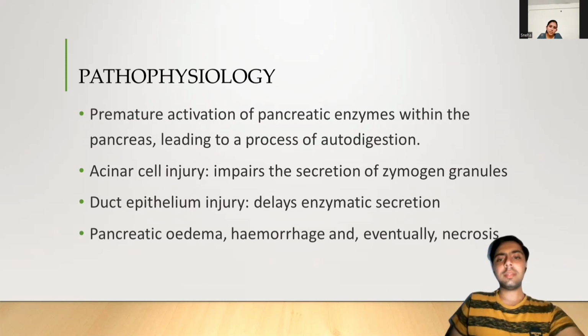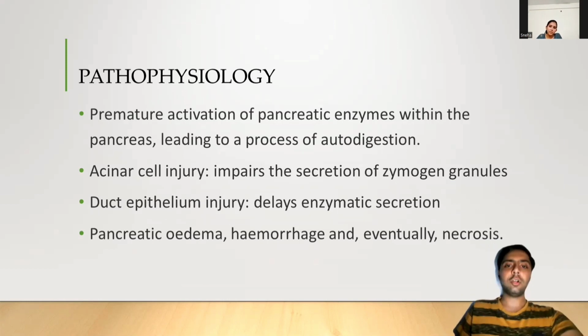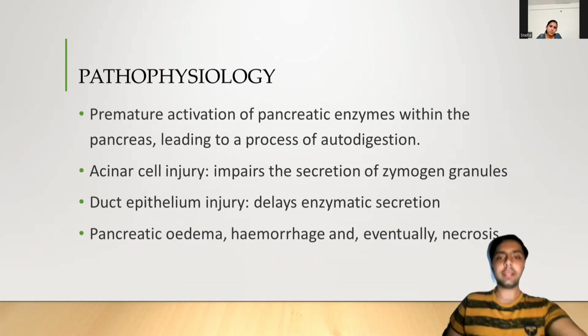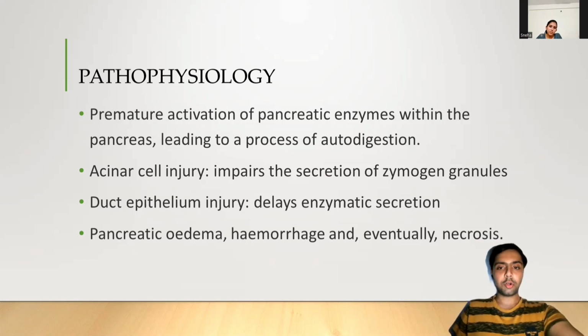So the pancreatic enzymes are secreted, but they do not go to the duodenum, which will cause autodigestion. So what happens here is we have acinar cell injury, which impairs the secretion of the zymogen granules. We have duct epithelium injury, which delays the enzymatic secretion. Overall, because of inflammation, we have edema, hemorrhage, and at the end necrosis will occur.